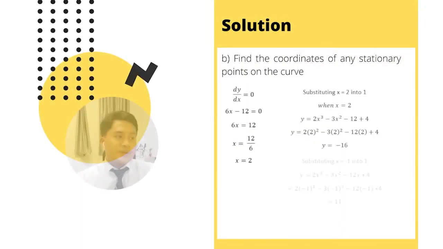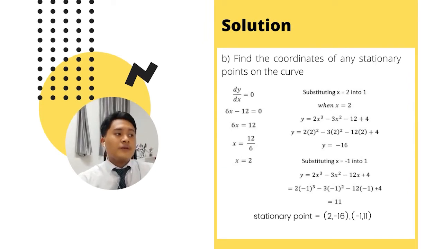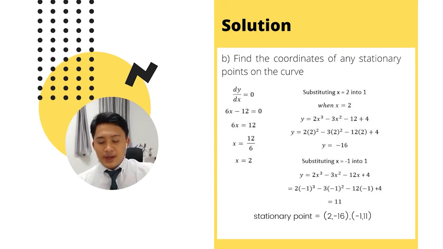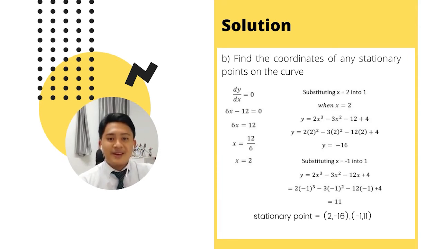So next, to find the coordinates of any stationary point on the curve. So now we already have the equation of dy per dx equals 6x squared minus 6x minus 12. So for a stationary point, dy per dx is equal to 0. With this, we can use factorization on 6x squared minus 6x minus 12 equals 0.